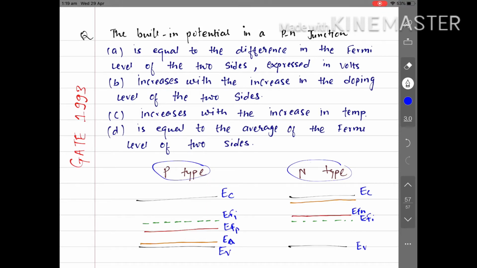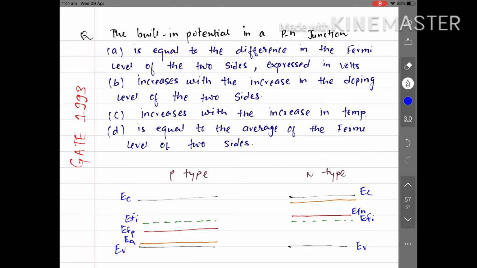Similarly for n-type material, the donor energy level will come right below the conduction band. So this is the p-type material and this is the n-type material, and these are the Fermi energy levels along with the conduction and valence bands.